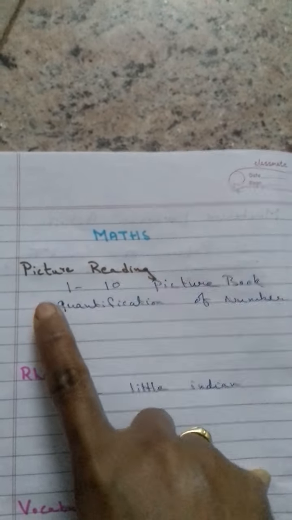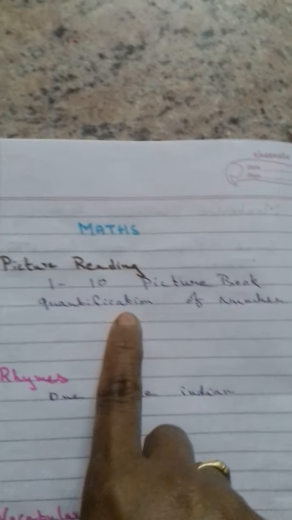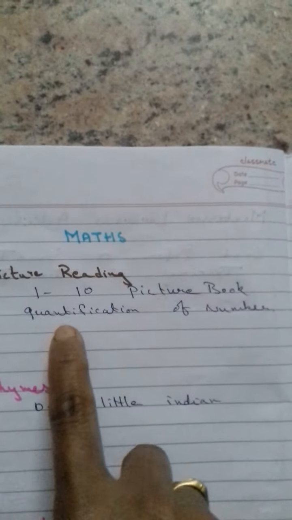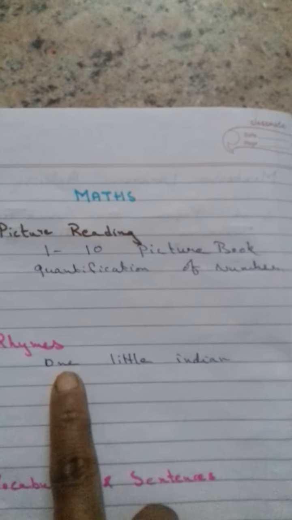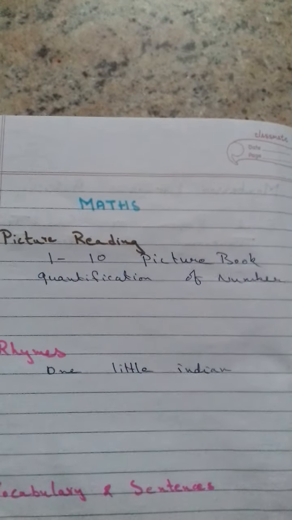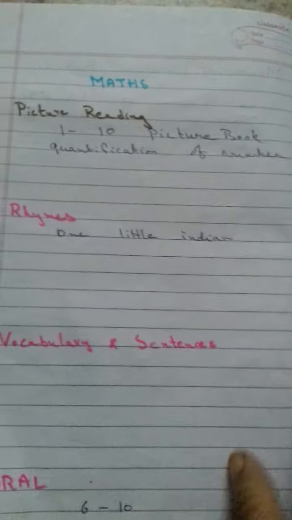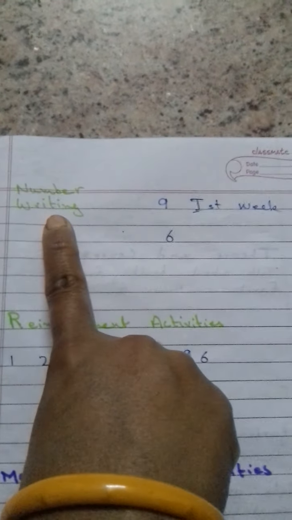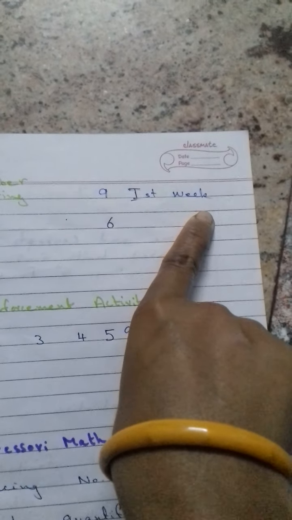Then in math, picture reading, it is 1 to 10 in number picture book and quantification of numbers up to 5. Then in rhymes you can teach One Little Indian. Then in oral it is from 6 to 10. Then number writing it is 9 for the first and second week.